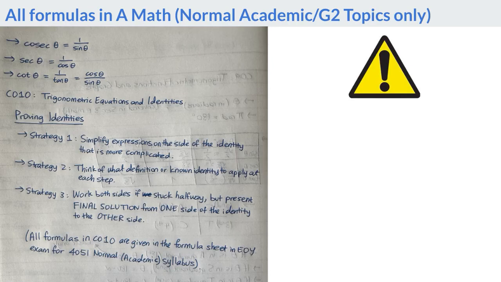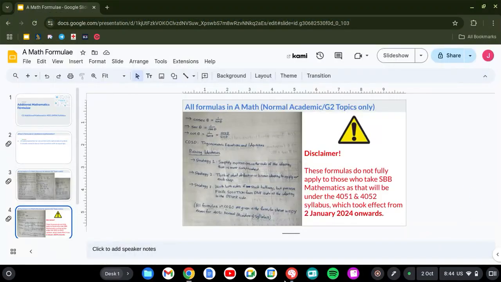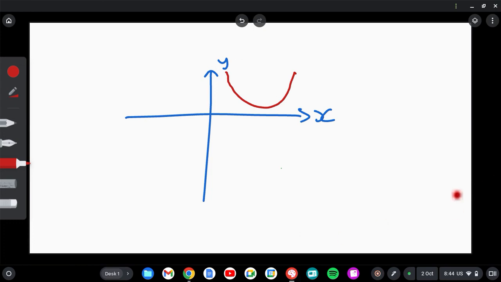What do I mean? It means that, for example, if I have this, which is like this, something like this.